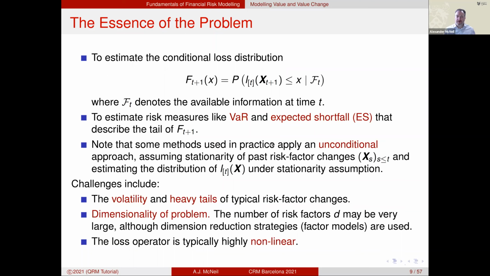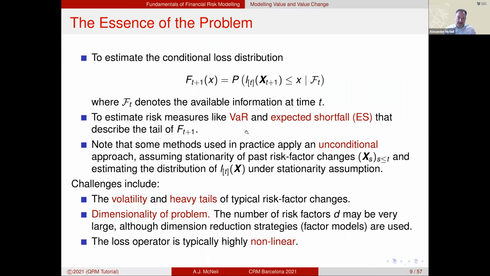But some methods that are used in practice ignore volatility. We tend to call these unconditional approaches. They treat what happens over time as a stationary process, and they basically just estimate the stationary distribution of the loss rather than the conditional distribution.